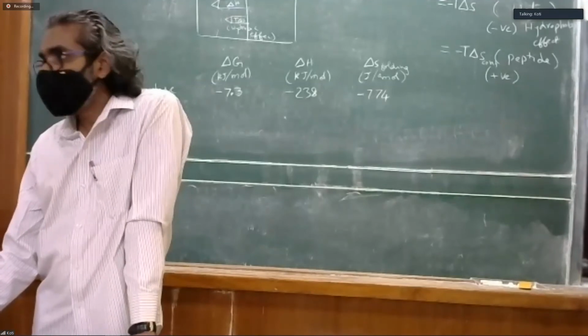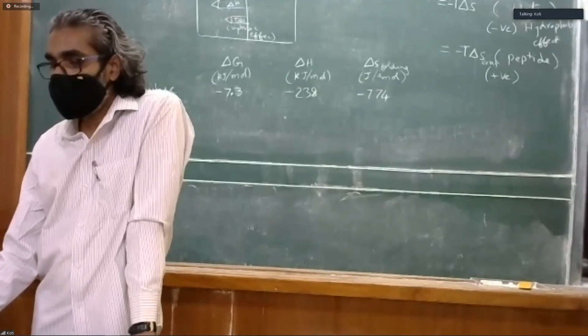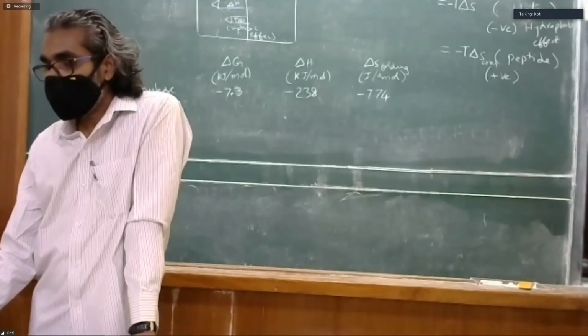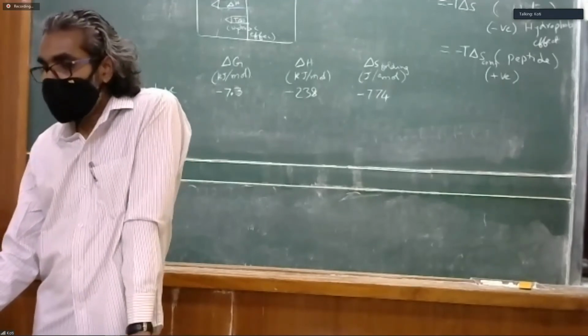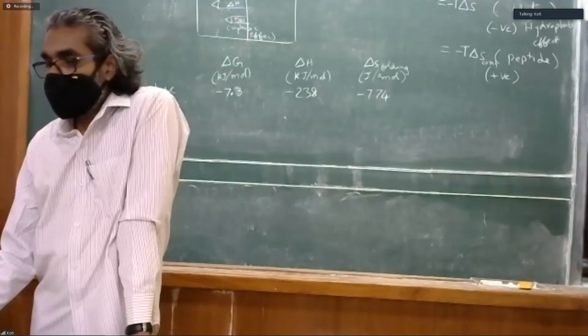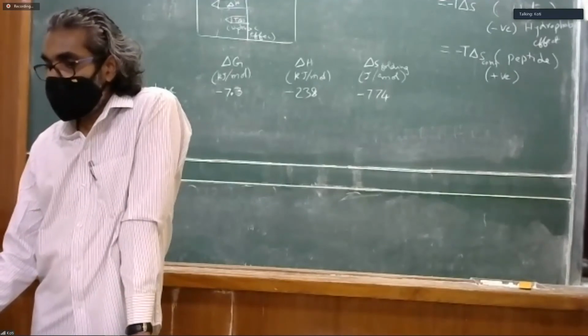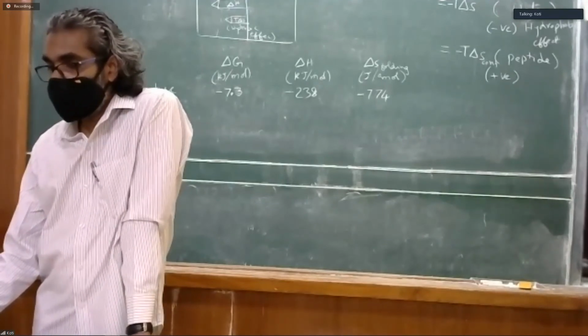If you have sodium chloride and put it in water, what will happen? Water is able to screen the charges of one type of ion from the other, because of its high dielectric constant.